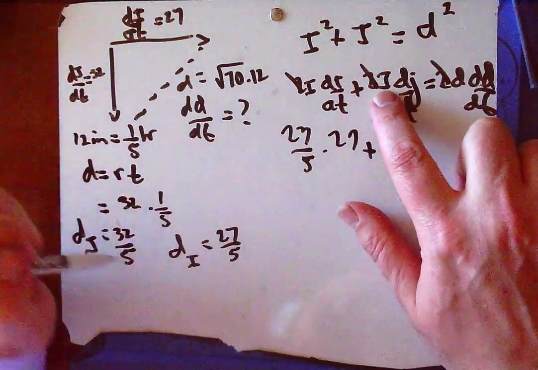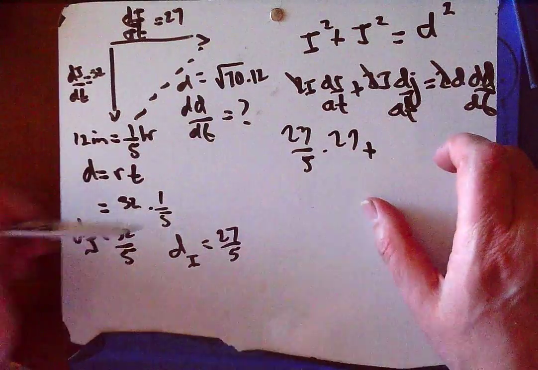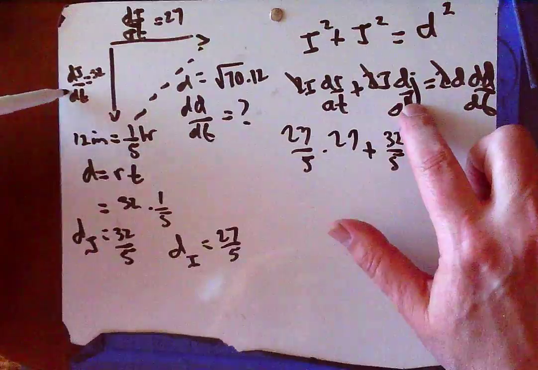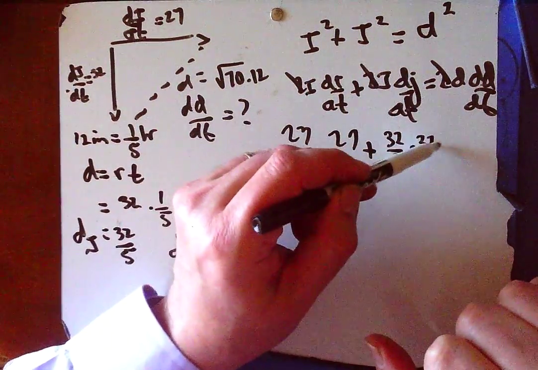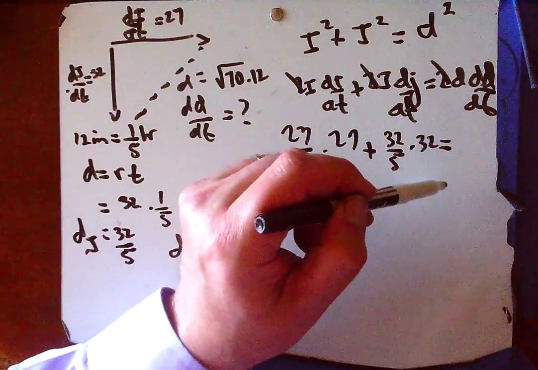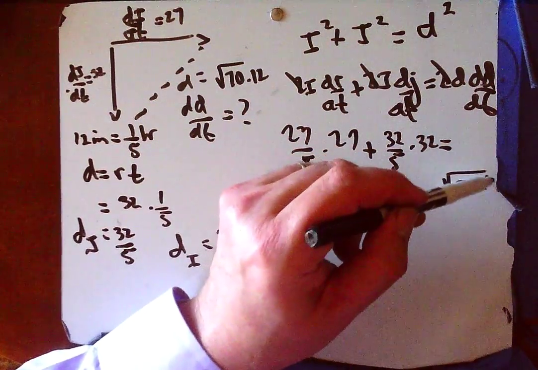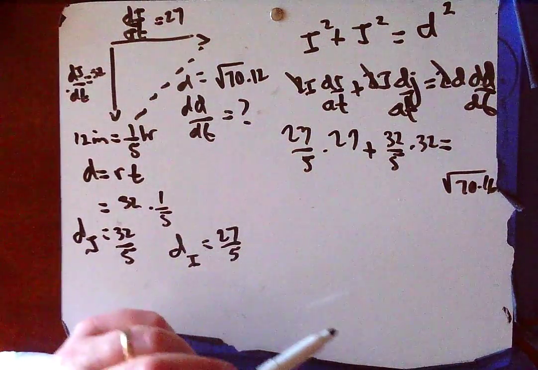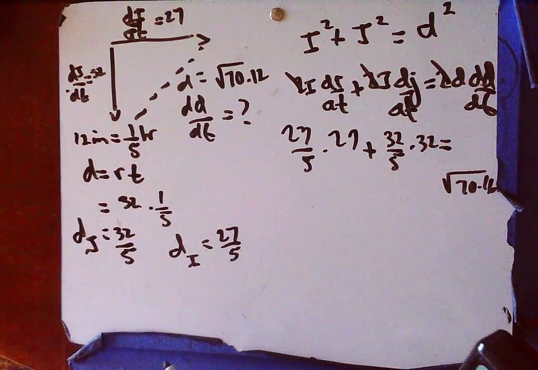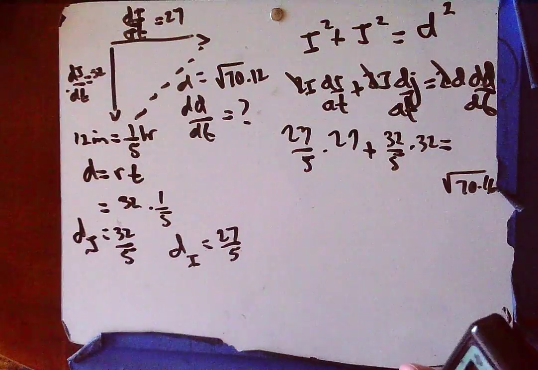J is 32 over 5, and dj/dt is 32. D, we said, was the square root of 70.16.